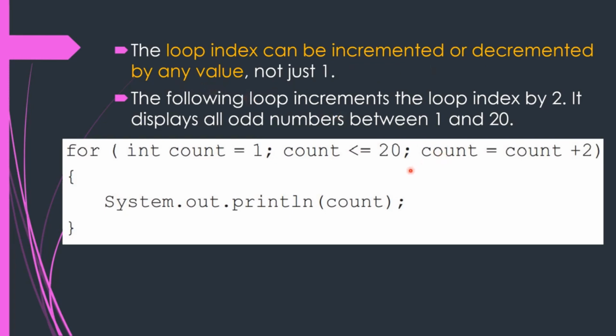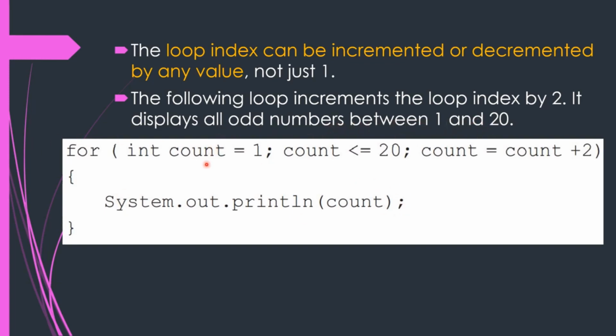We can use any value to increment or decrement. Means we can also increment or decrement by 2 or any other value. So here this code that you are seeing on the screen, the following loop increments the loop index by 2. It displays all odd numbers between 1 and 20. So all the odd numbers will be displayed using this loop.